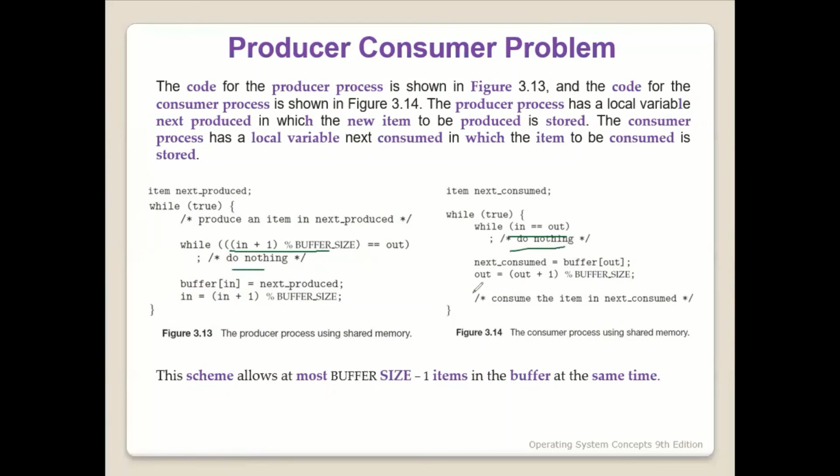So in this way, the consumer and producer are programmed to check whether the buffer is empty or not, so that they have to wait. That's the thing. The coding is not necessary. We need to understand the concept. That's it.